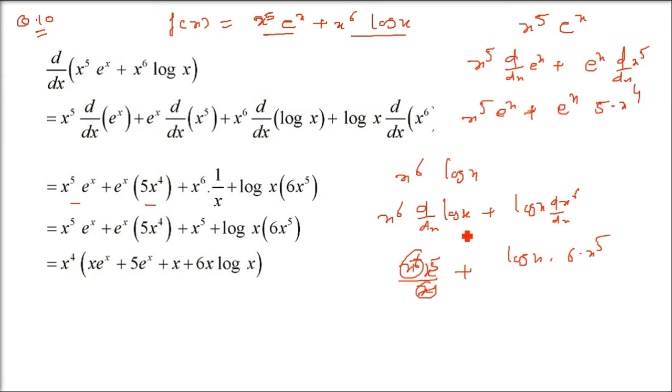So this will become x raised 5 plus 6 log x, x to the power 5. So these two terms we have come. These are the later terms. These are first terms, x5 e^x and 5 e raised x, x4. So when you see here x raised 4, you can take common from all these three. So when you take x raised 4, whatever is remaining, which I am showing you here, can be put inside. So x4 you can take common.